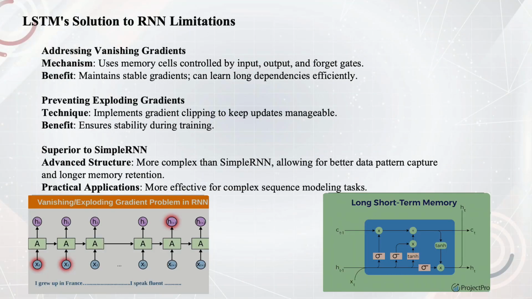So now let's talk about the LSTM solution for RNN limitations. Before going into this topic, let's talk about what RNN's limitations are. The first RNN limitation is a lack of short memory. Simple RNNs cannot handle long input sequences well due to their short memory problem caused by vanishing gradient issues.